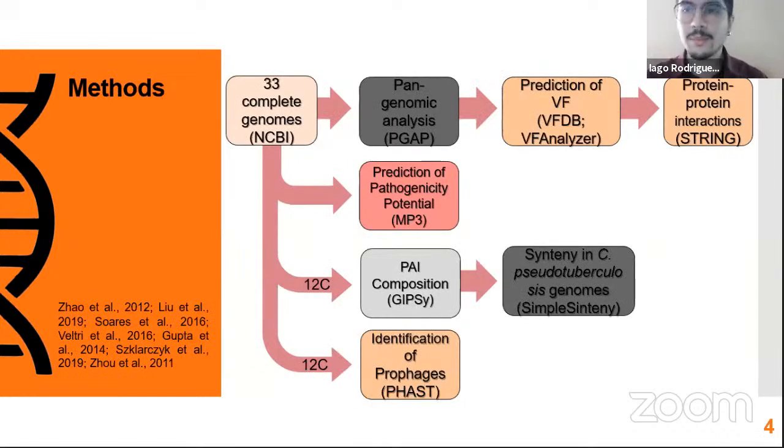Talking about the methodology we used, all of our analyses were made in silico. Firstly, the complete genomes of 33 strains of C. pseudotuberculosis biovar ovis available at the time in the NCBI database were downloaded and standardized to perform the further analysis.